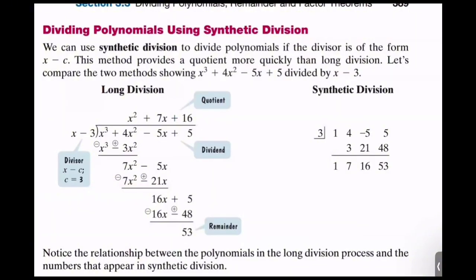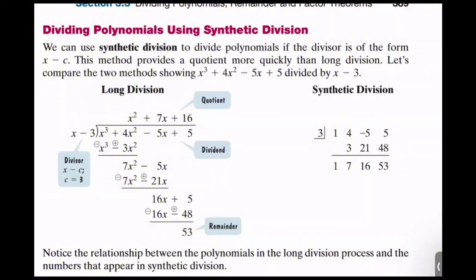You bring the first number down. You multiply 1 times 3 and place it here.